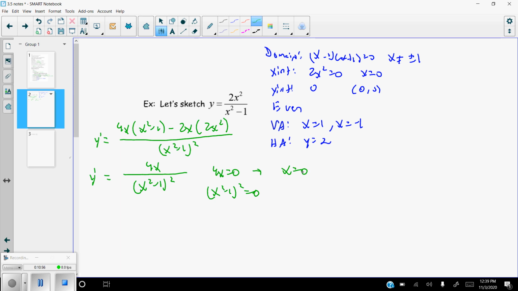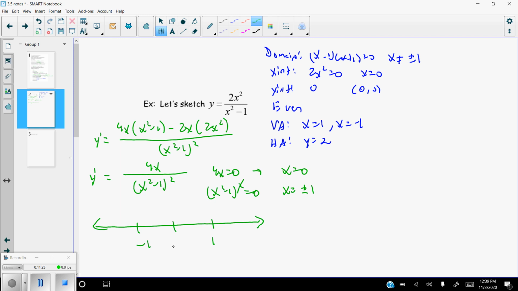From the second one, if I take the square root of both sides, the square root of 0 is still 0, so we can get rid of that. And then if I factor that, once again, it's x minus 1, x plus 1. So x is going to either equal plus or minus 1, and that's where the function's derivative is undefined. So we do have to put all of those values on our number line.